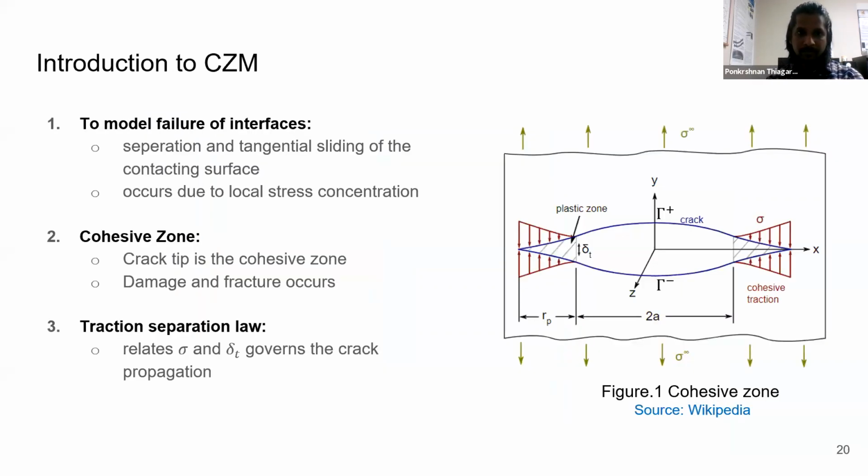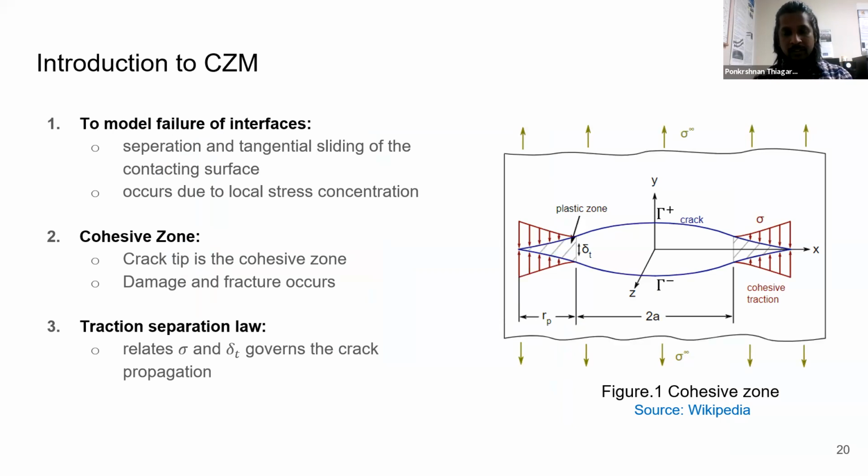Now, a brief introduction to the cohesive zone model that is used in this work. A cohesive zone model is used to model failures of interfaces. Separation and tangential sliding of the contacting surface occurs due to local stress concentration, which results in failure of interfaces in materials such as composites.